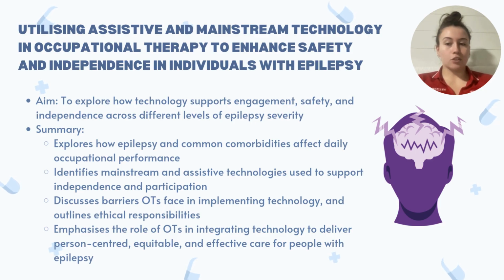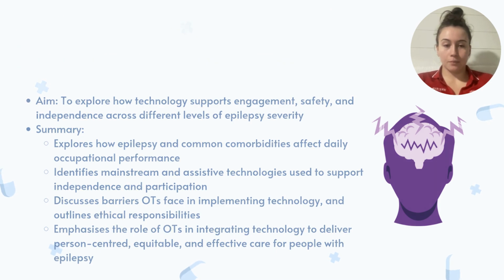Second, the types of technology used to support individuals. And third, how OTs can overcome barriers and ensure ethical, effective integration of these technologies within practice. It highlights the growing need for OTs to not only understand the functional impacts, but also advocate and implement technology that supports client centered and equitable care.